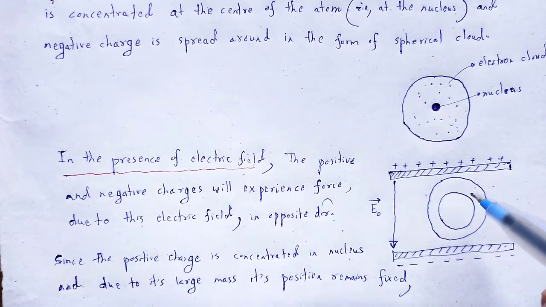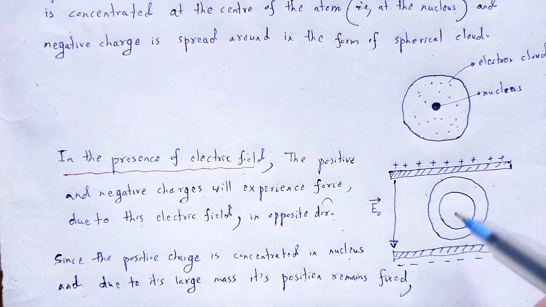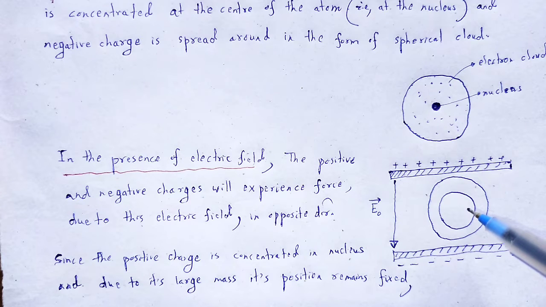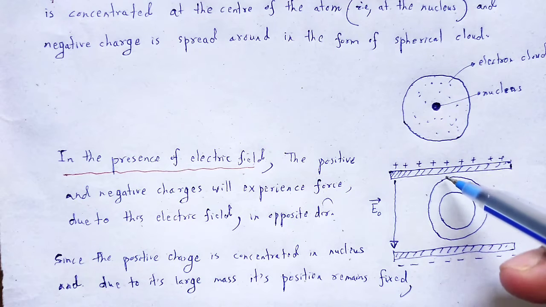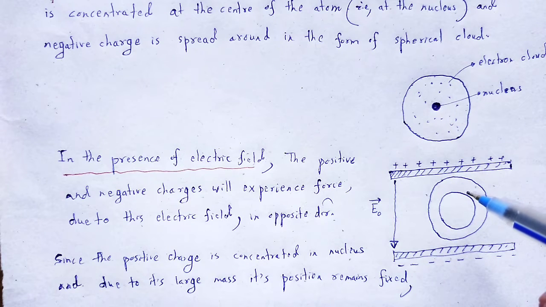But the negative charge cloud is displaced towards the positive plate of the charged parallel plate capacitor.